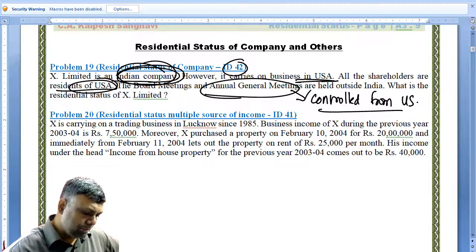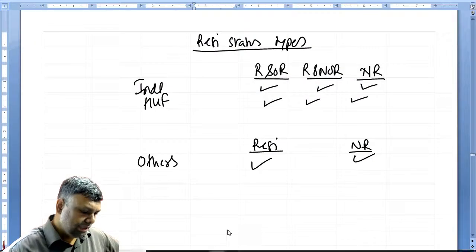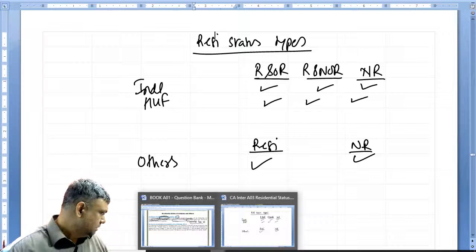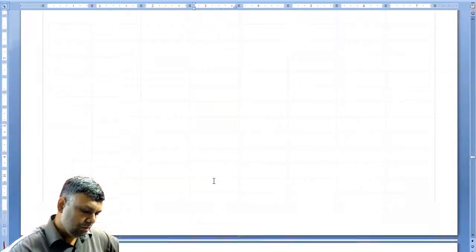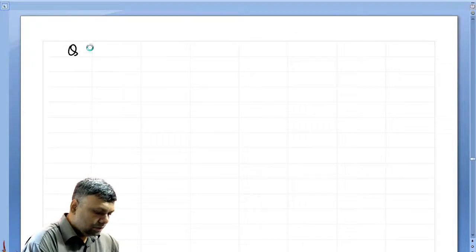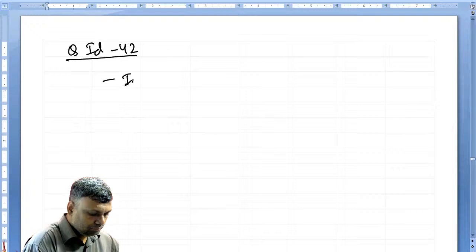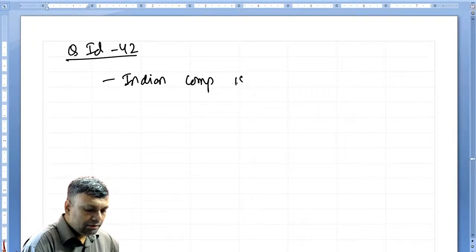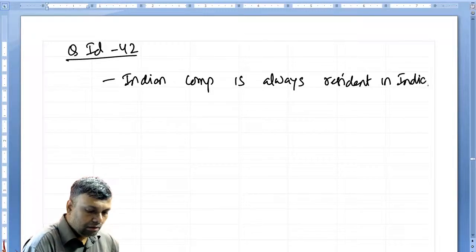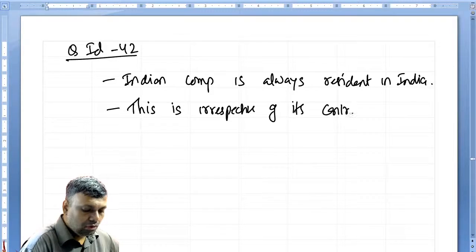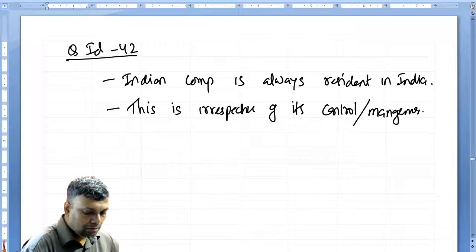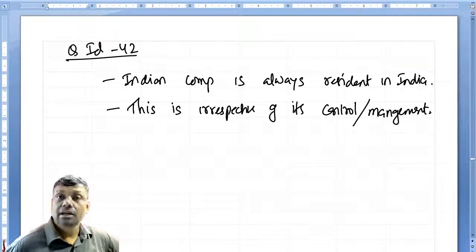Okay. So let me just answer that particular point first. Question ID number 42. An Indian company is always resident in India, irrespective of its control or management.